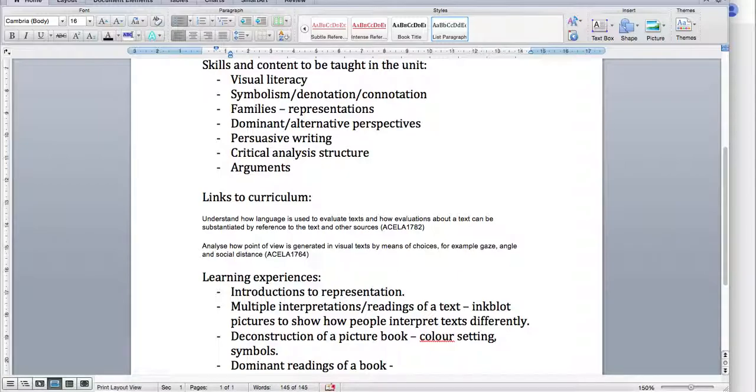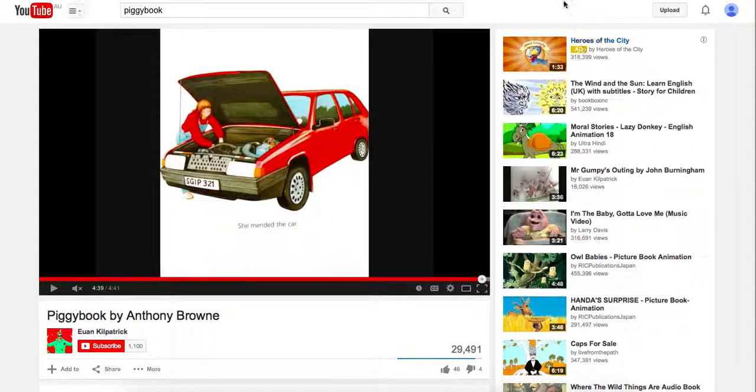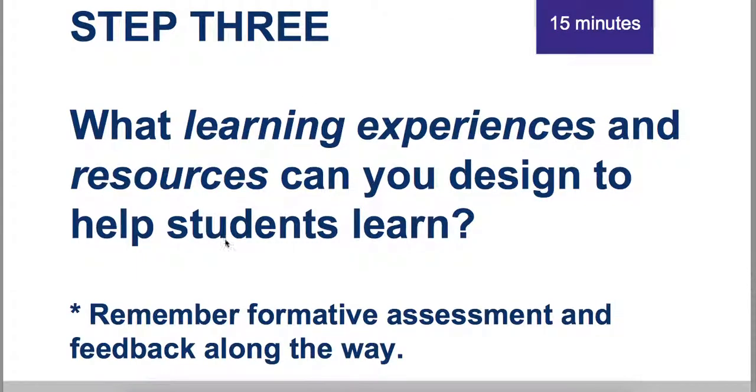And we could ask, I don't know, do an analysis of the images alone. There are also, and I'm going to put an extract of this unit plan under assessment. It is okay, so you can see some of the activities that were designed in this unit of work. So you go through, you add in the learning experiences. You just start by doing a brainstorm.